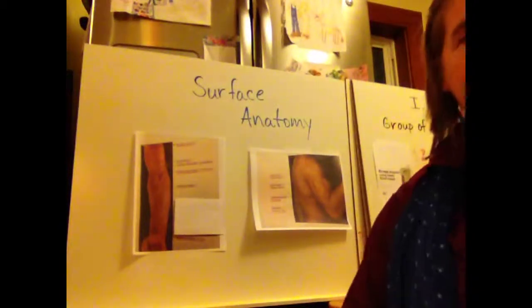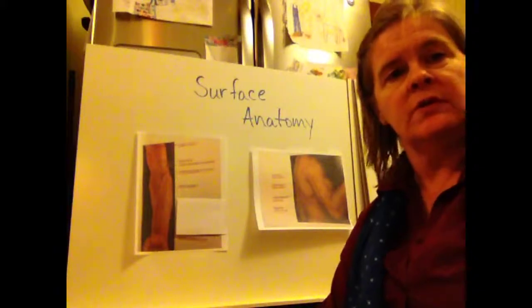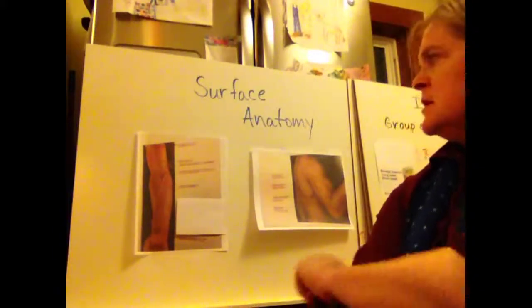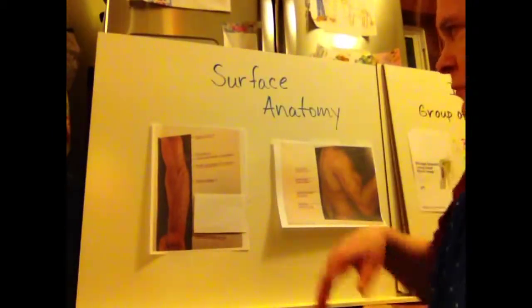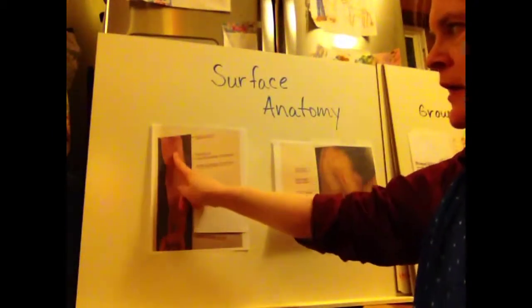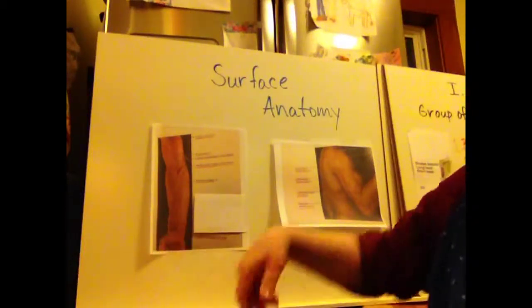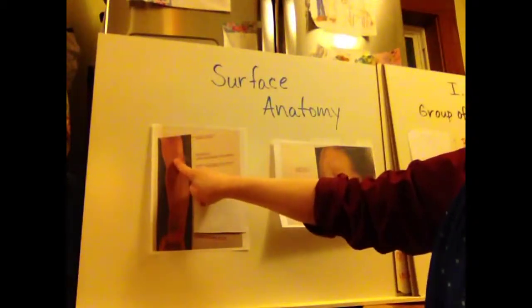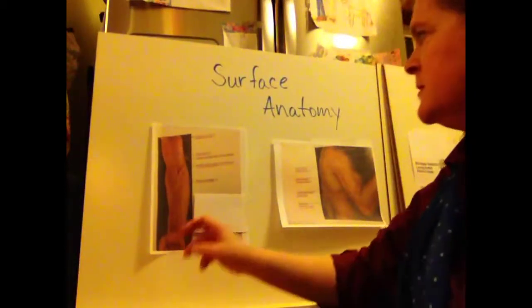The surface anatomy, I thought it would be interesting to see what the muscles look like from the surface. So I hope you can catch this. The biceps brachii, this is with the palm up, flexed. The biceps brachii is the main muscle on the anterior surface.